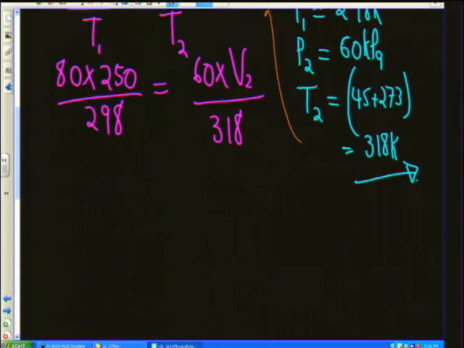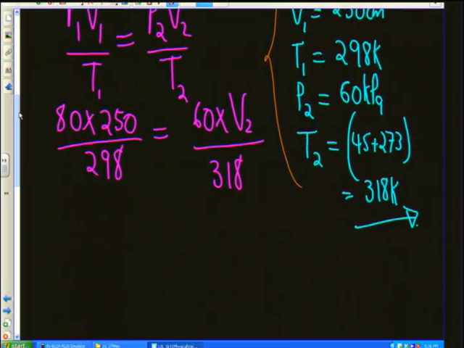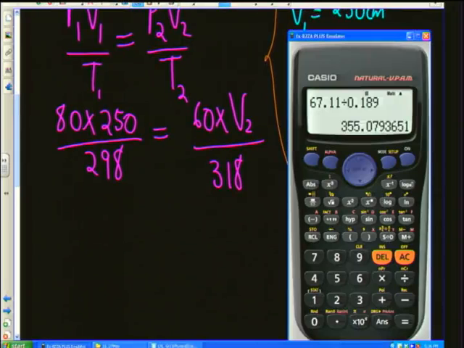Okay. Right. Now, from there, it's 80 times 250, not 25, 250 divided by 298.